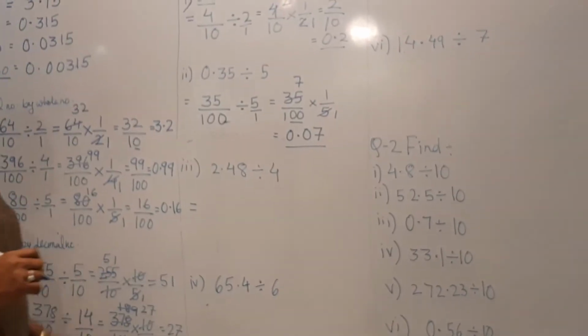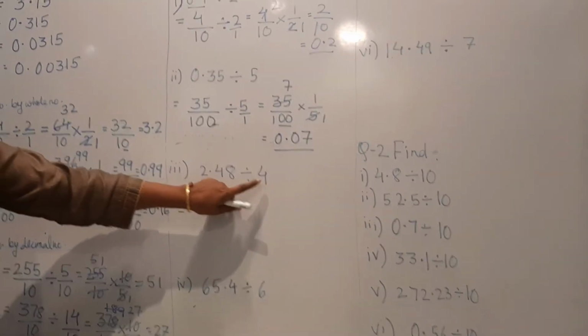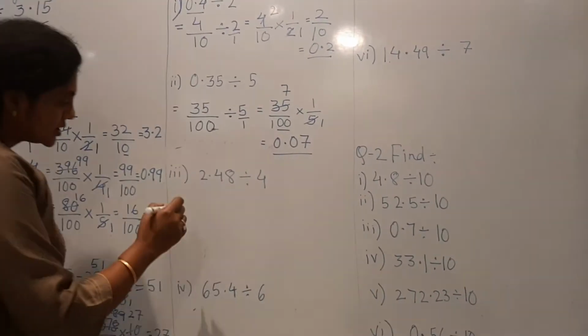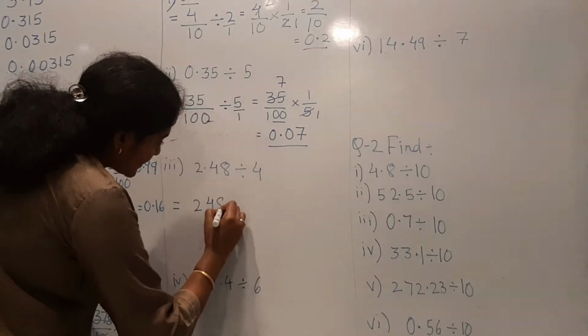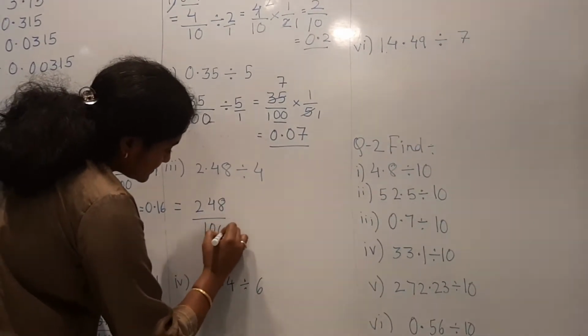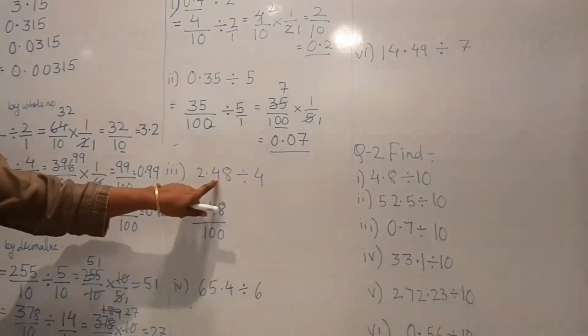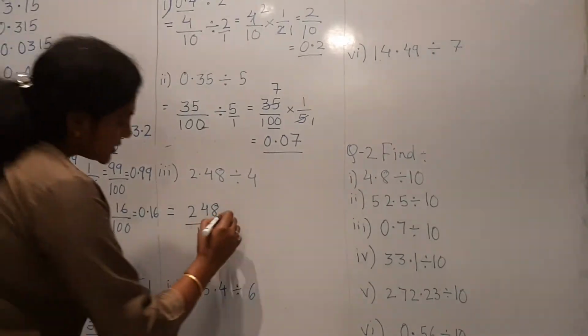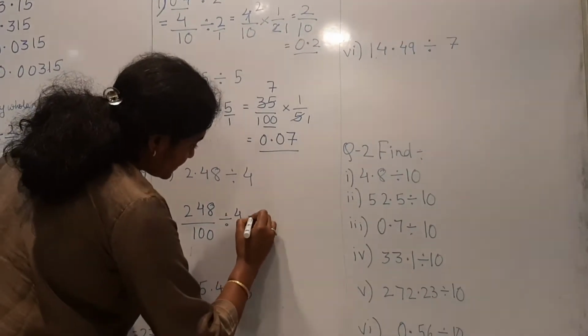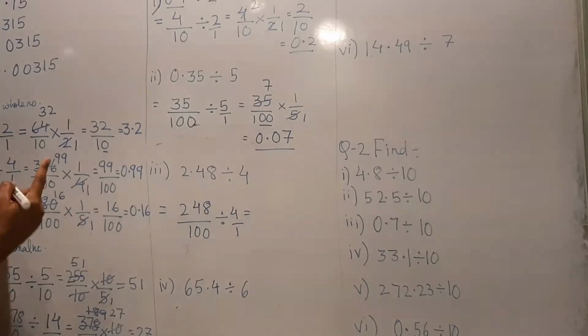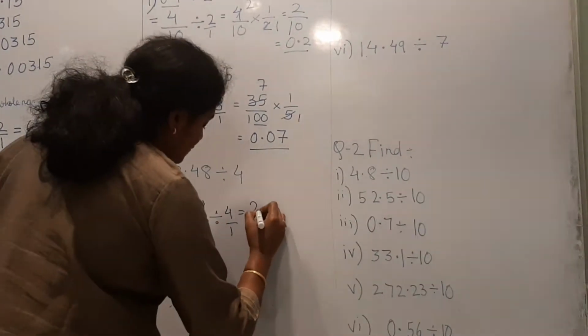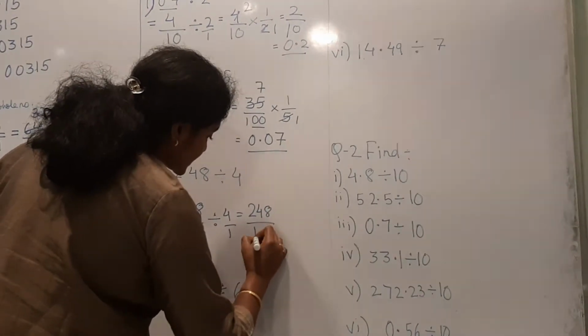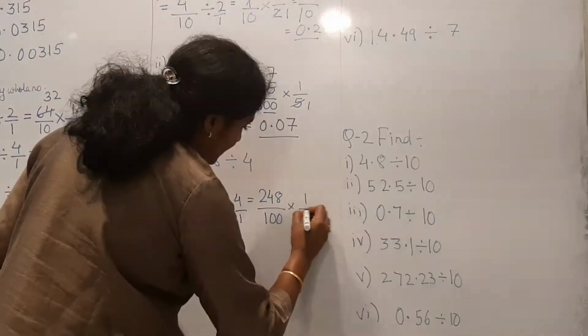Third one, 2.48 divided by 4. So 248 by 100 I can express it. Before 2 digits the point is there. Divided by 4. Concept of division of fractions. First will remain as it is. Multiplied by 1 by 4.